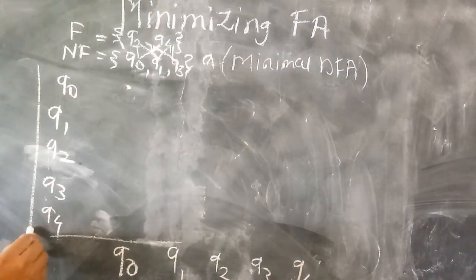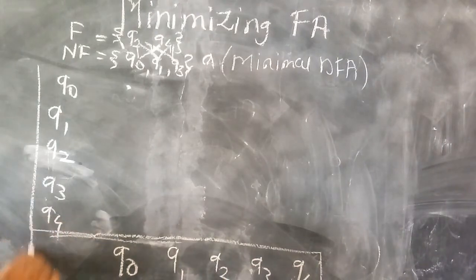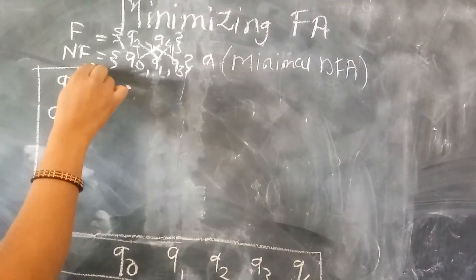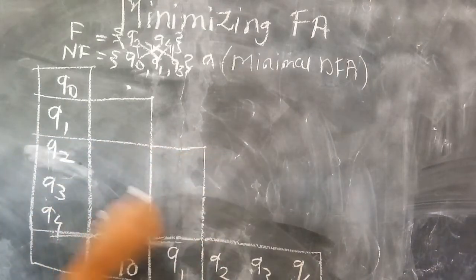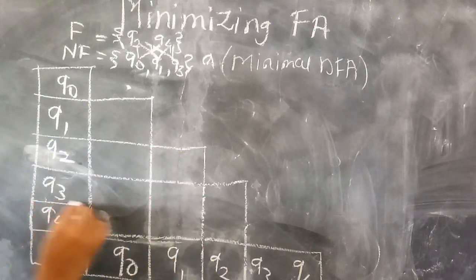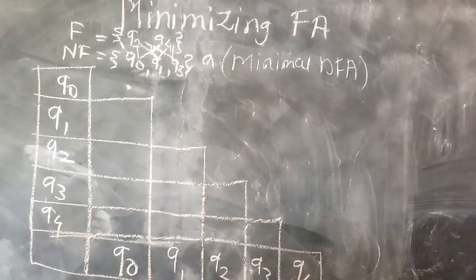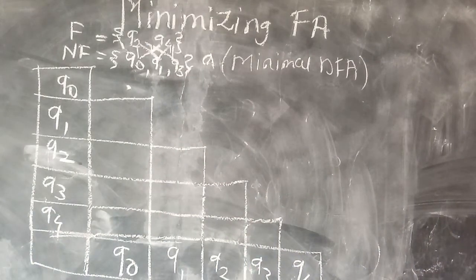Now, how to write the triangular shape? You have to write the shape like this. This is the perfect diagram for showing the distances between the different states.